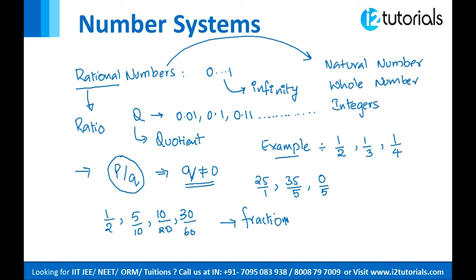If you take an example, 7 by 3, there is only one common factor, that is 1. That is to say, there are no common factors other than 1 for this given example.